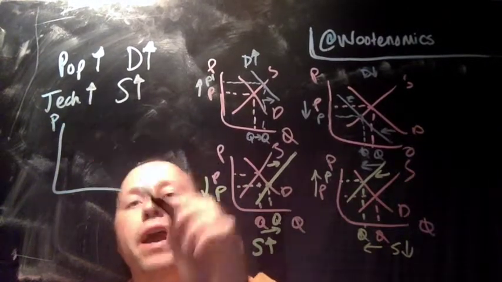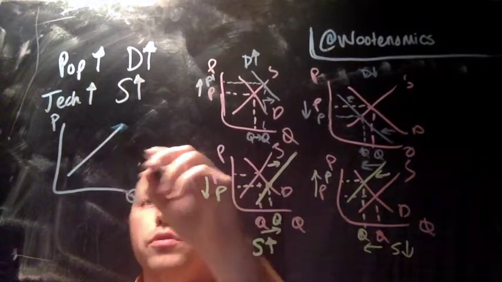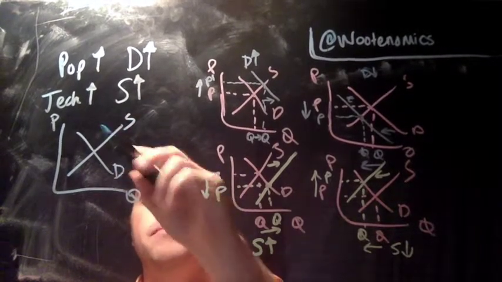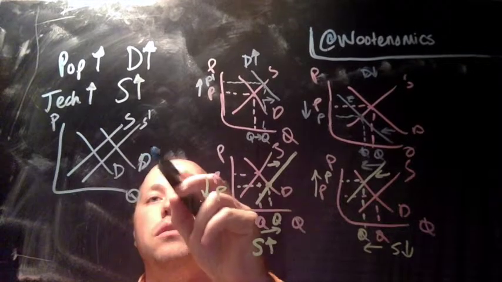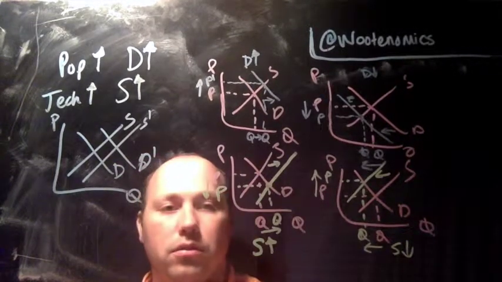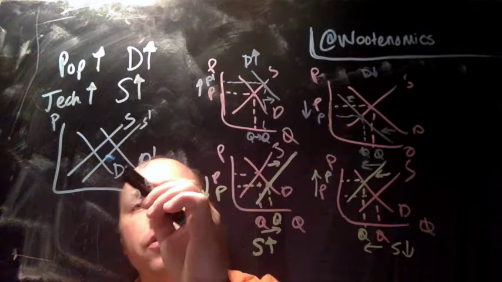If you started graphing this without thinking it through, you would say demand increases, supply increases, and then you'd say, uh-oh, there are too many lines crossing, and there's a lot going on.